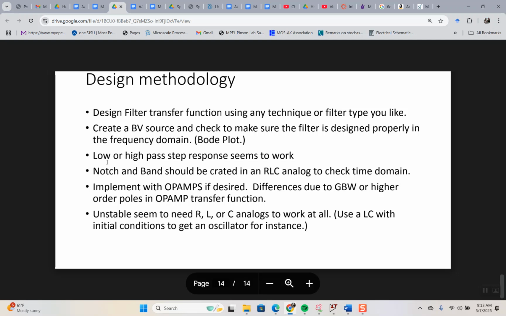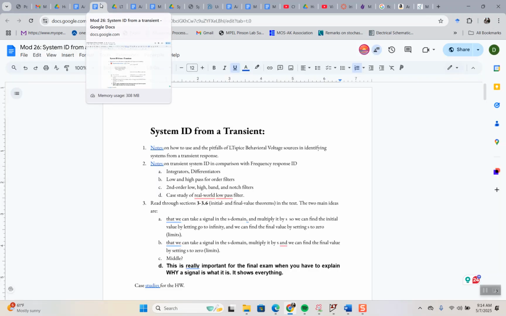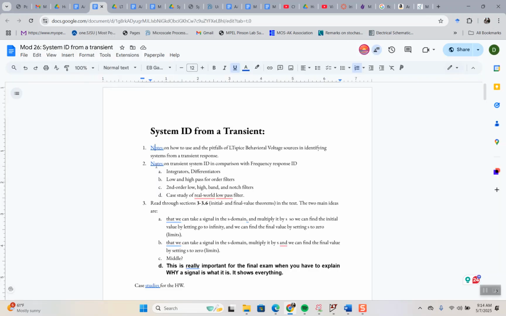There's gain bandwidth, finite gain. And so what you see at the high frequencies is that there's a deviation. And then for an unstable system, I think what I'm saying there is you can use a negative resistance and it'll oscillate, right? But you need that kind of analog circuit. So that's really to help you with the next bit.